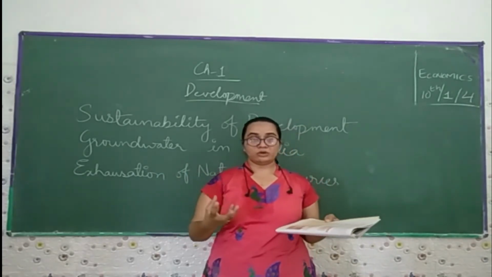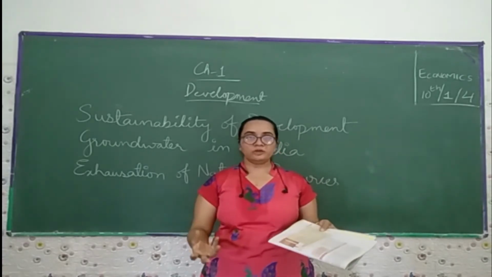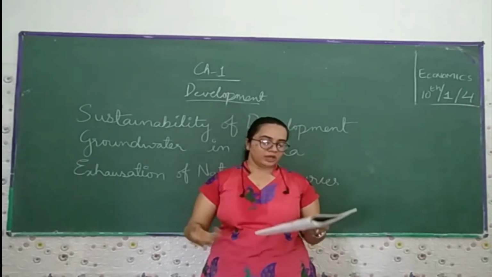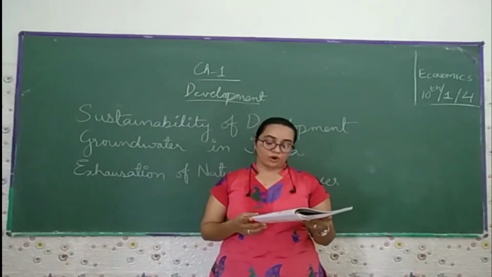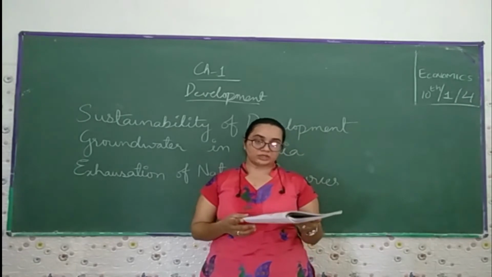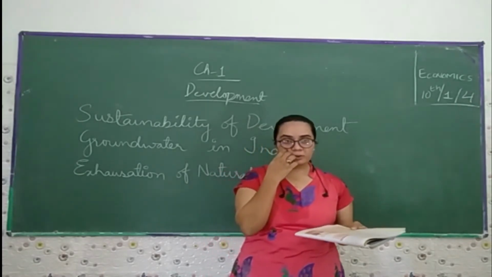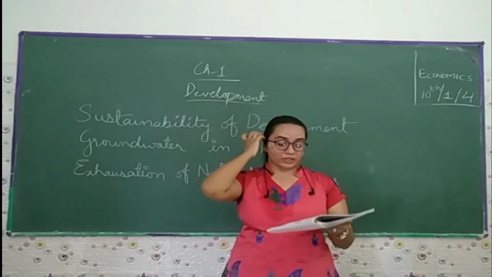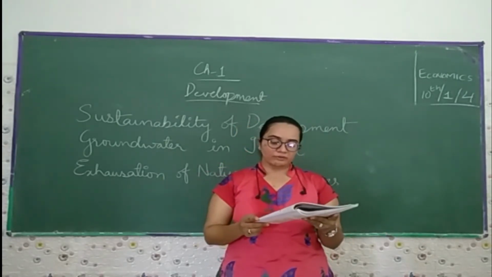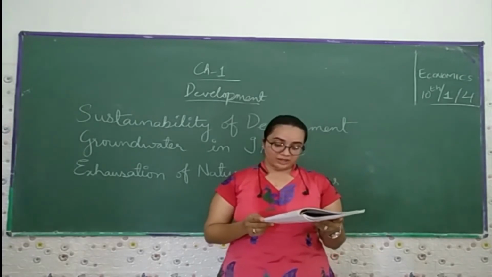If we are overusing the water, one day the groundwater level is going to be empty. About 300 districts have reported a water level decline of over 4 meters during the past 20 years. Think about it, in the past 20 years, 4 meters down in the water level. Nearly one-third of the country is overusing its groundwater resources.